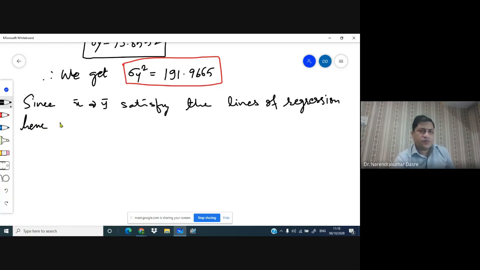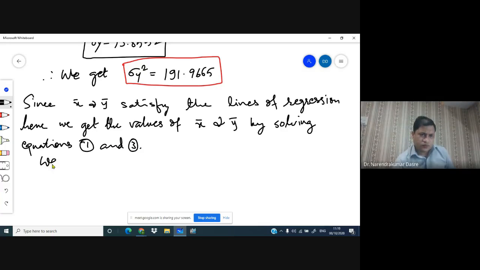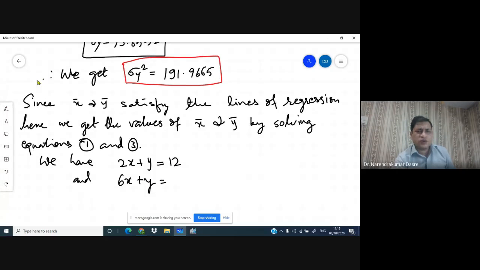Hence, we get the values of x bar and y bar by solving equations 1 and 3. So we have x plus y is equal to 12 and 6x plus y is equal to 30.